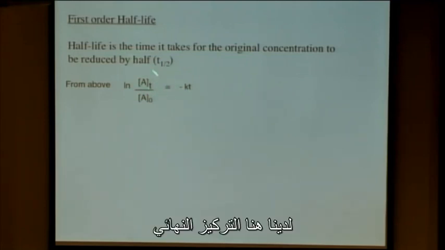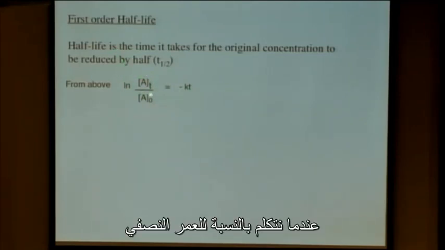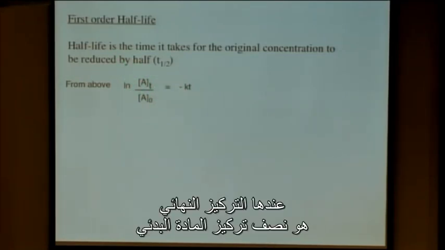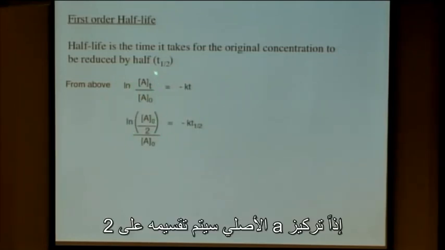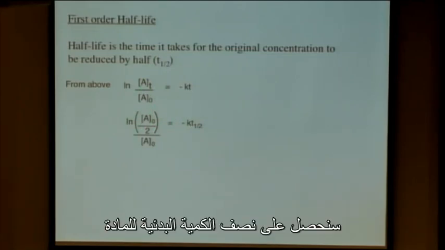So here we have our final concentration of A at a time t. When we're talking about half-life, we're going to have half as much as we had when we started. So our [A]t is going to be our original divided by 2, half the amount we had in the beginning.